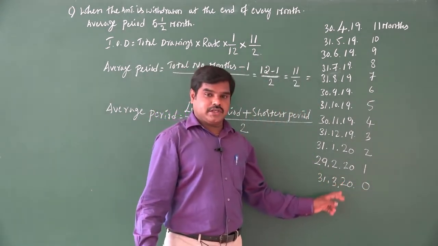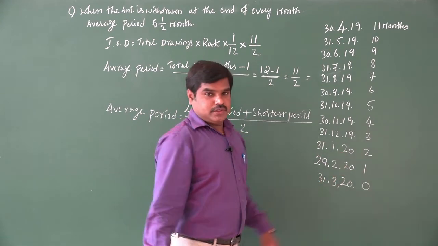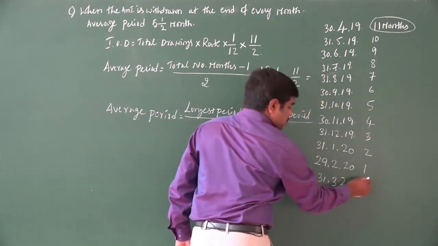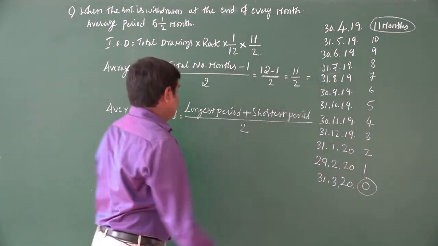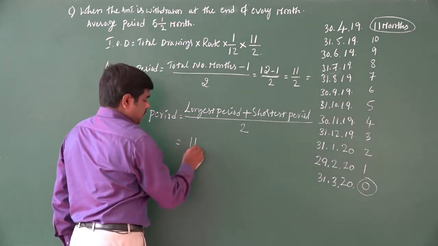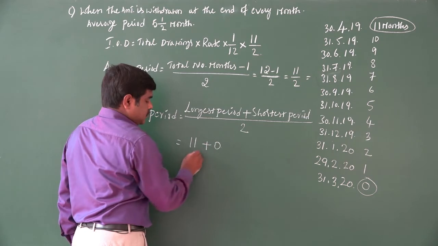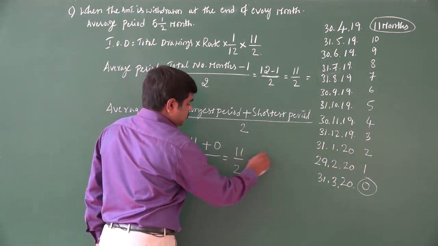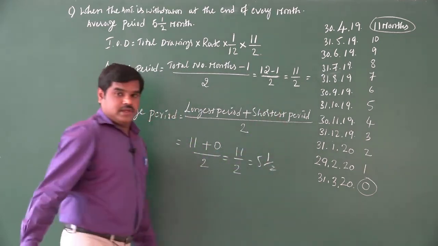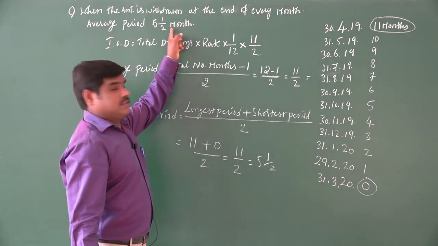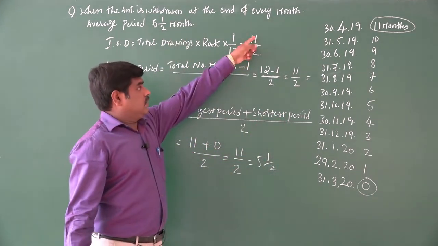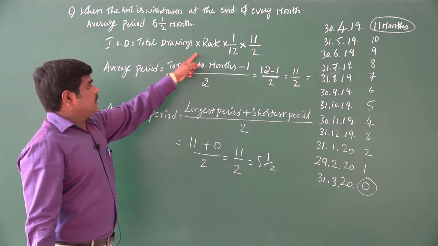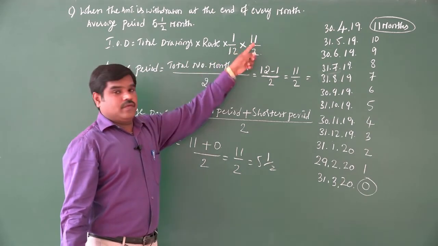So the longest period is 11 months, the shortest period is 0, divided by 2. So 11 divided by 2, that's 5.5 months. So interest on drawing is total drawings into rate into 1 over 12 into 11 over 2.